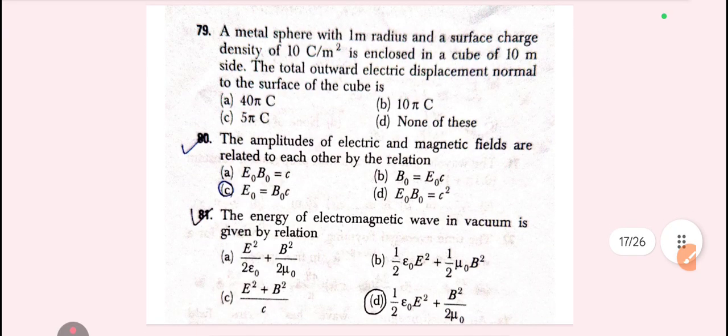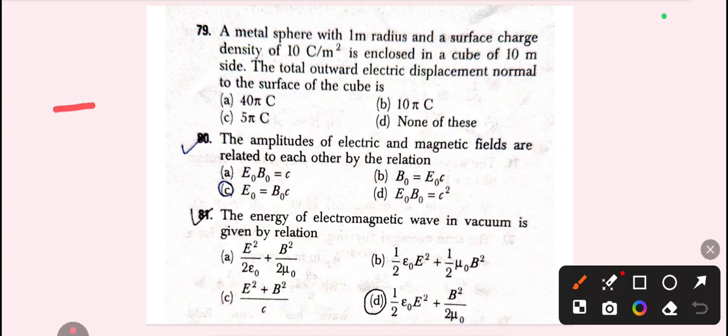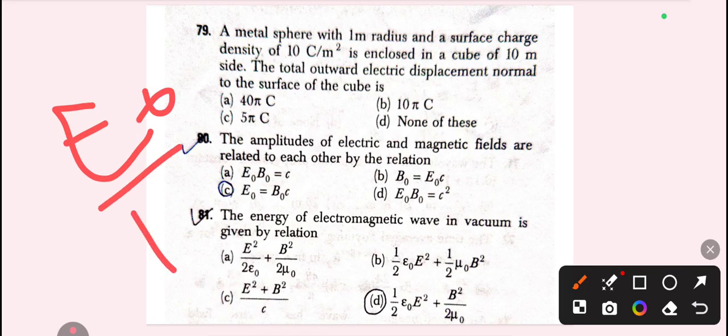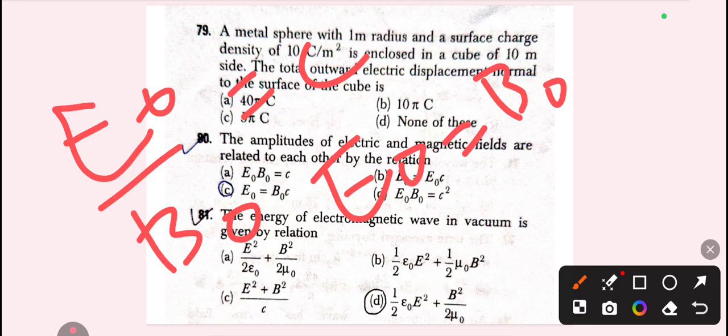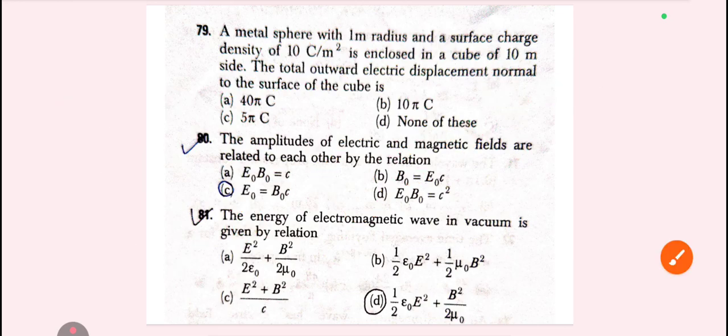Do it by yourself. The amplitude of electric and magnetic fields are related to each other by a very clear-cut relation: E naught upon B naught equals to C. Then E naught equals to B naught C. Asked many times in the question paper.